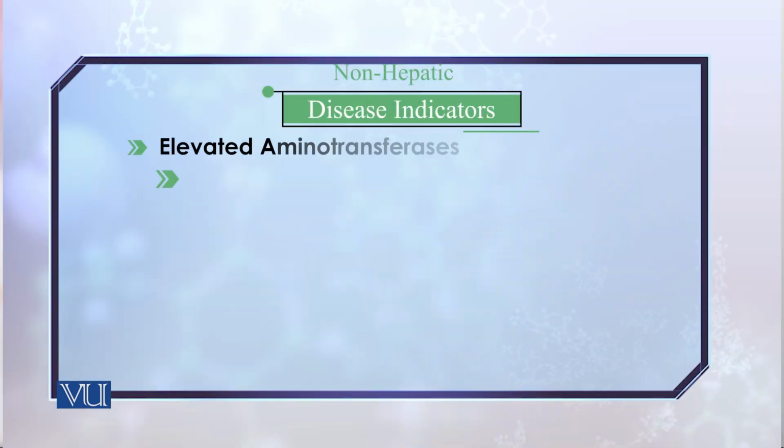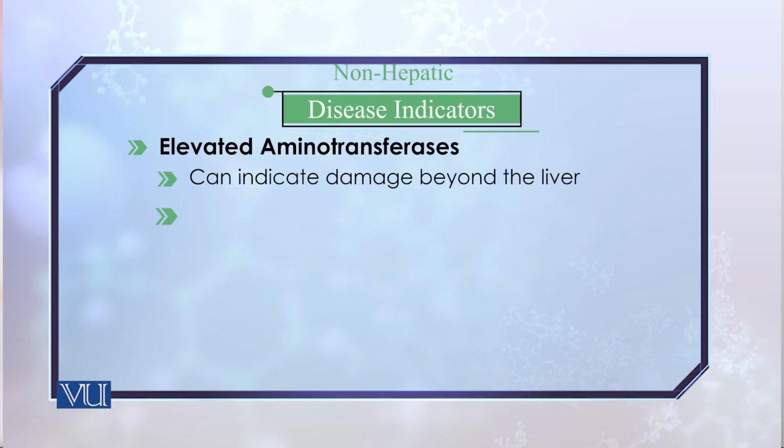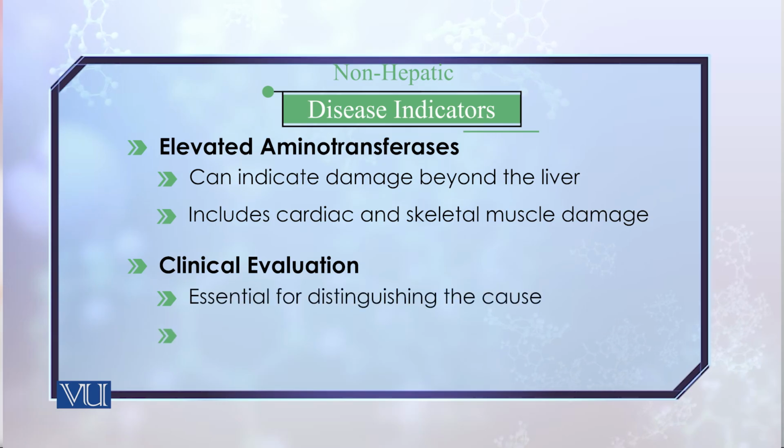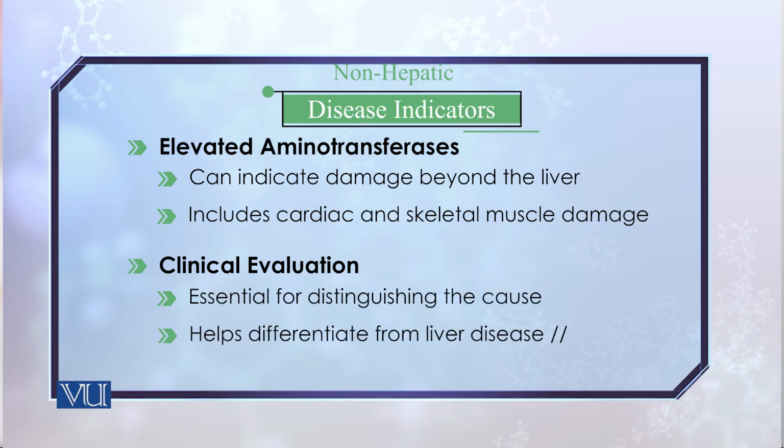As I have told you, the elevated level of aminotransferases can tell you, as a diagnostic marker, what sort of damage has occurred. It may be the liver if ALT levels are high, or it can be some disease other than the liver if not ALT but the AST levels are high.